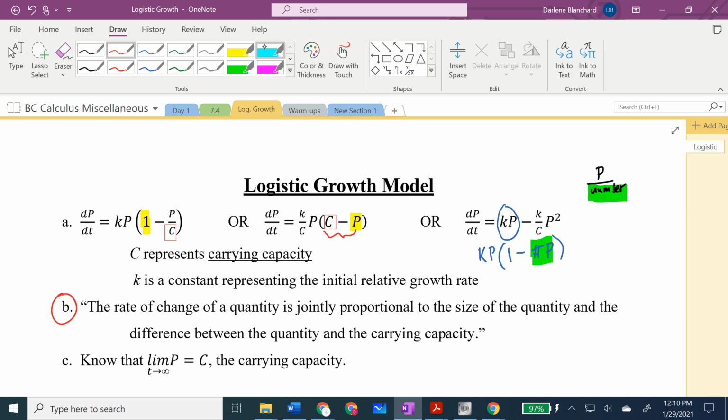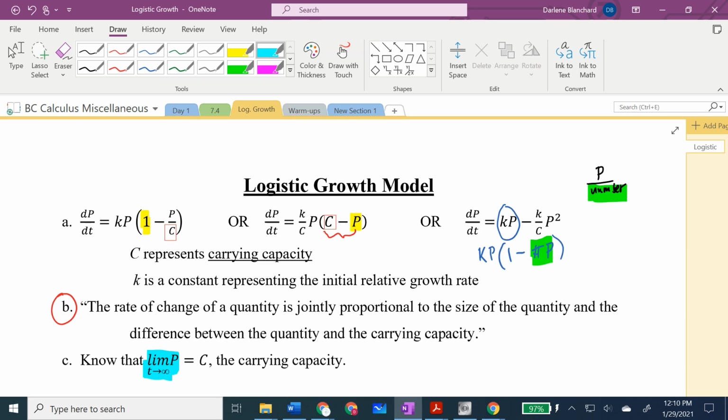For example, if you know you have a logistic model and you are asked what is the limit as time approaches infinity of your population. Now, I've got to say something though. There are actually two possible answers for the limit as time approaches infinity in your population.